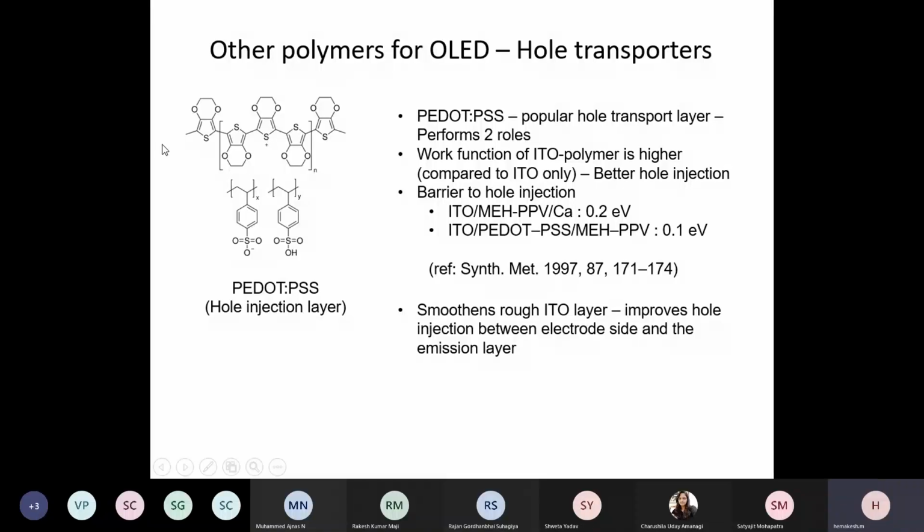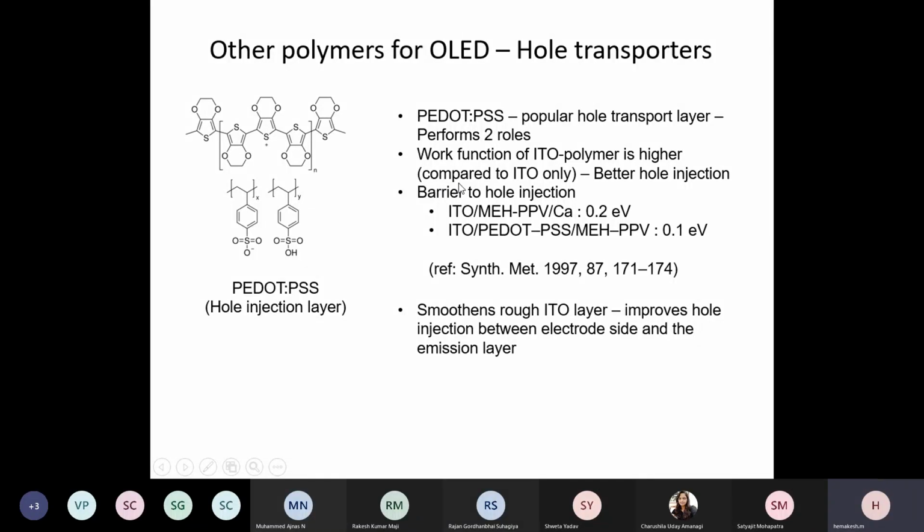So this is after all a polymer, and it is also very popular. So if it shows up, you need to know why people use it. The reason for using it is, first, it smoothens the indium tin oxide layer, and that helps in injection of the holes on the anode side.